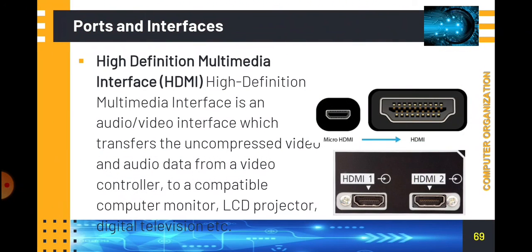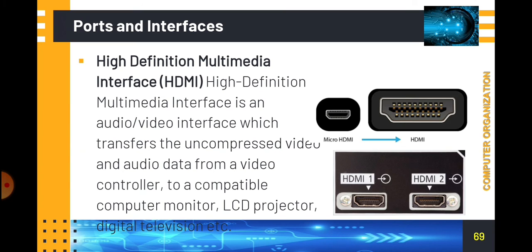High Definition Multimedia Interface, that is HDMI. This port is used as an audio or video interface which transfers uncompressed video and audio data from a video controller to a compatible computer monitor, LCD projector, digital television, etc. So this HDMI is used for high definition.